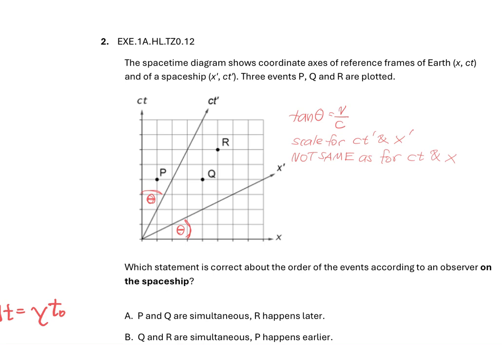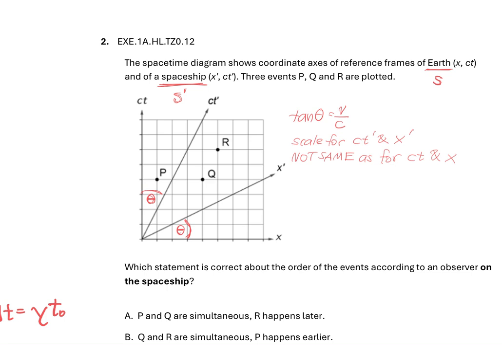Speaking of events, we have events plotted on our diagrams, P, Q, and R. And so we have Earth, which is going to be our at-rest reference frame, and then we have the spaceship, which is going to be our moving reference frame.